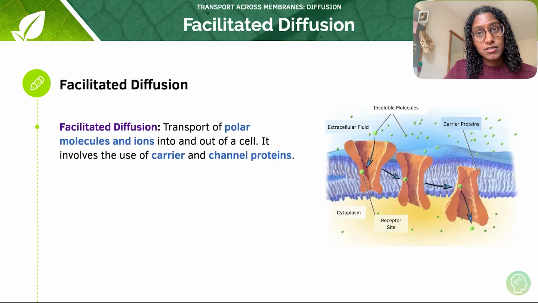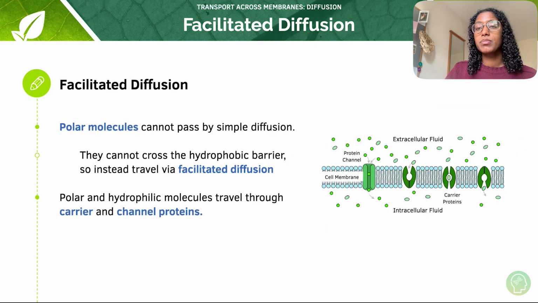In facilitated diffusion, we have proteins within the phospholipid bilayer that we've met in the previous tutorial that allow our polar molecules and ions to diffuse into and out of the cell. These are called carrier proteins, such as seen here, and channel proteins. Polar molecules cannot pass by simple diffusion, because, remember, they're polar, they carry a charge, so they can't cross the hydrophobic barrier.